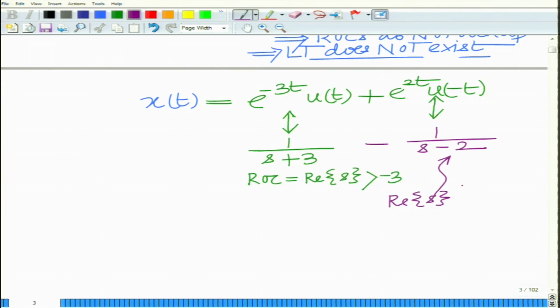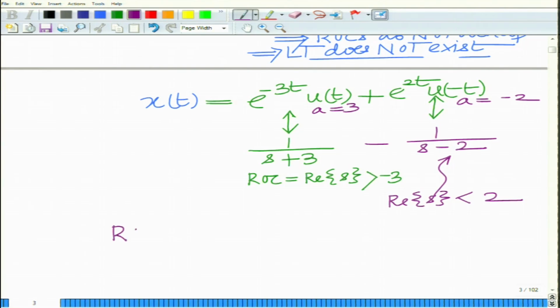This corresponds to a equals minus 2, and the earlier one corresponds to a equals 3. So, real part of s less than minus a, which means real part of s less than 2.